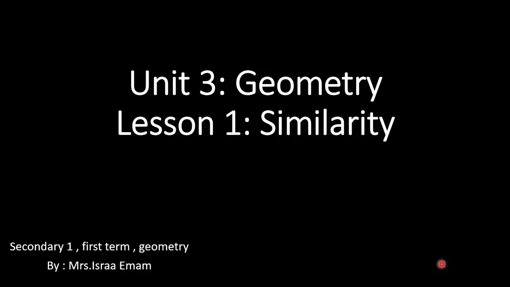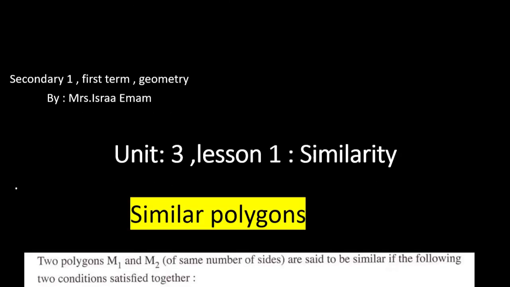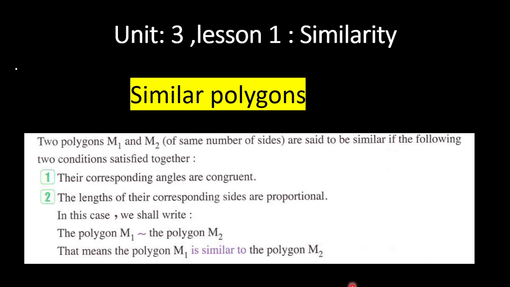We studied similarity before in prep 2, and we said that if we have two polygons M1 and M2, the two polygons are said to be similar if their corresponding angles are congruent and the lengths of their corresponding sides are proportional.